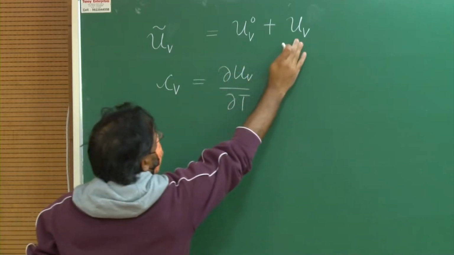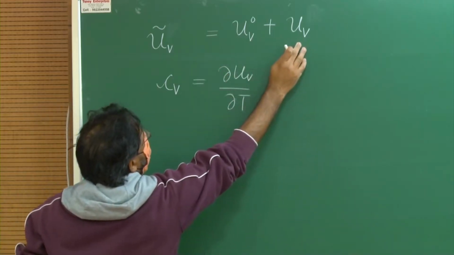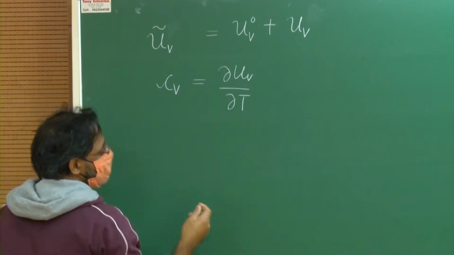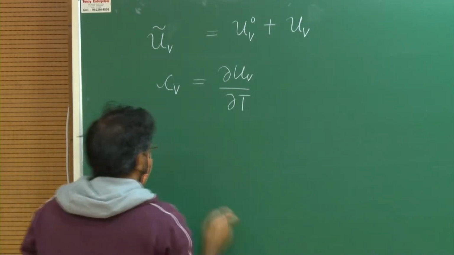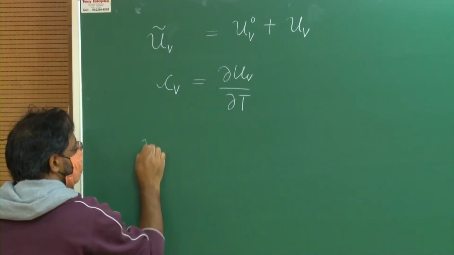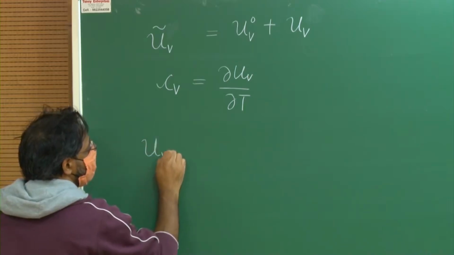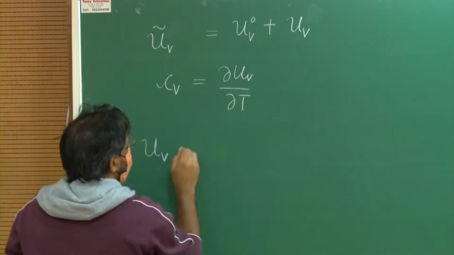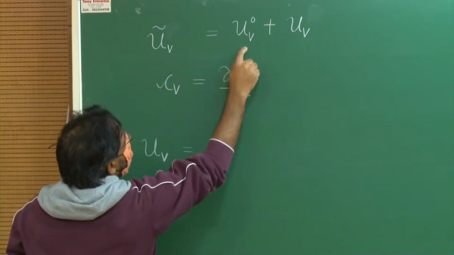Now what we can do is we can write this U of V. Now this is just a trick. What I am going to do is more of a trick. So I can write U of V as this minus this.